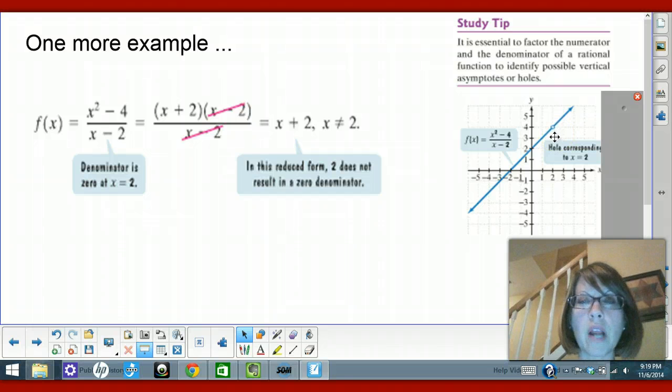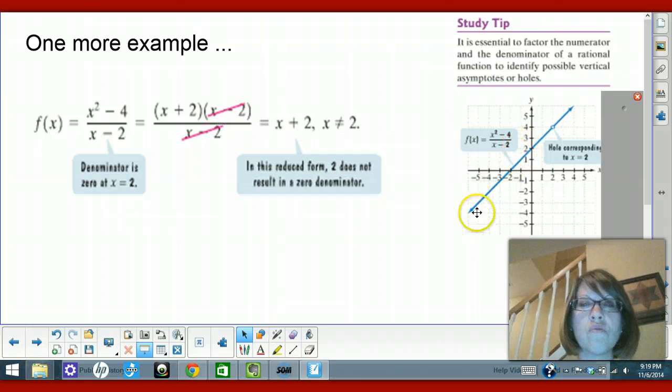I wonder if any of you are kind of surprised that x squared minus 4 over x minus 2 makes a straight line. Remember that if you take a quadratic and divide by a linear, you have a linear. And a linear function is a straight line. So this is a straight line with a hole in it because those x minus 2 factors canceled out.